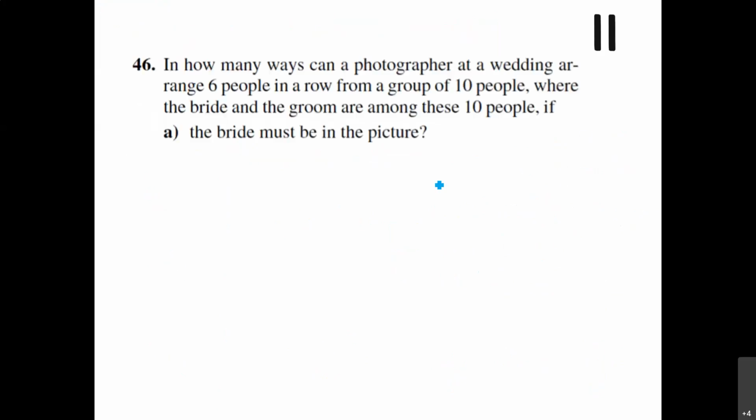Now do this one. In how many ways can a photographer at a wedding arrange 6 people in a row from a group of 10 people, where the bride and groom are among these 10 people? So you have 10 people, including the bride and the groom. You want to choose 6 from them, such that the following. First, the bride has to be in the picture.